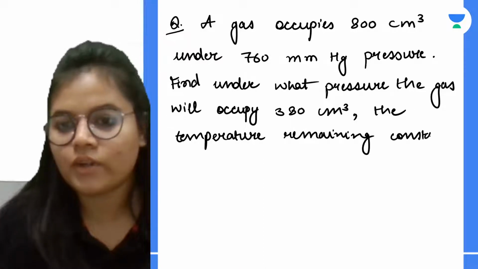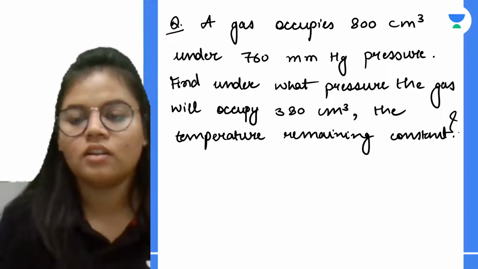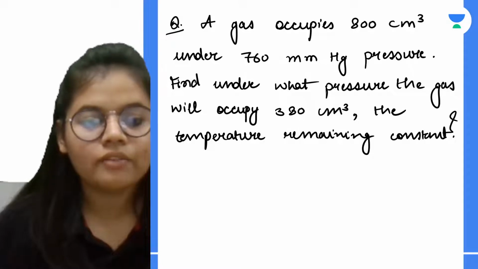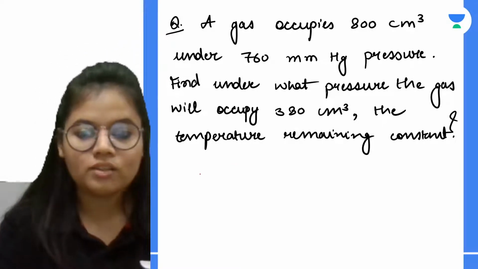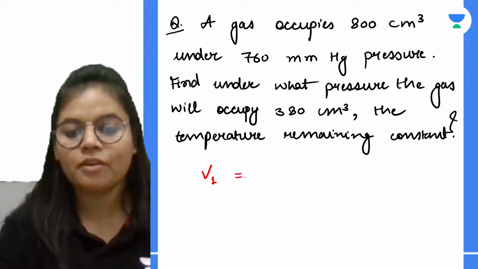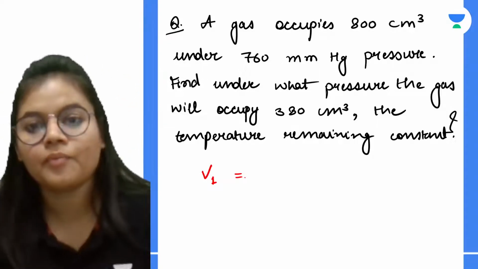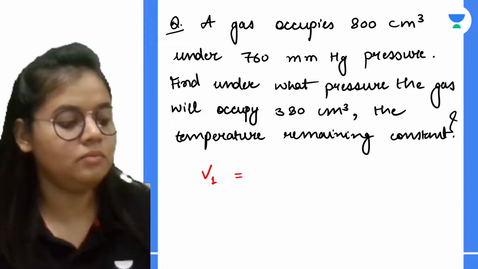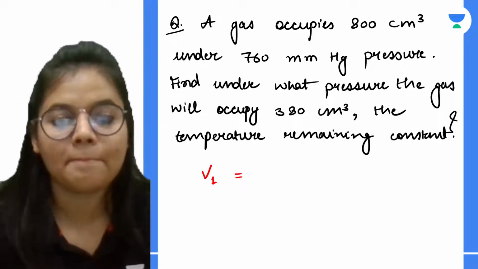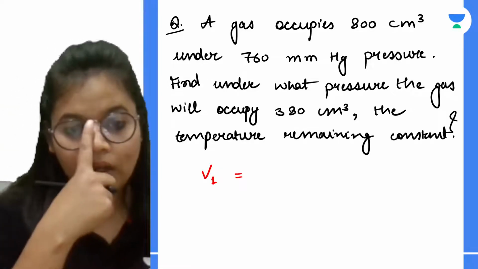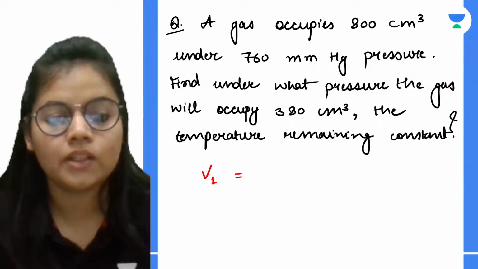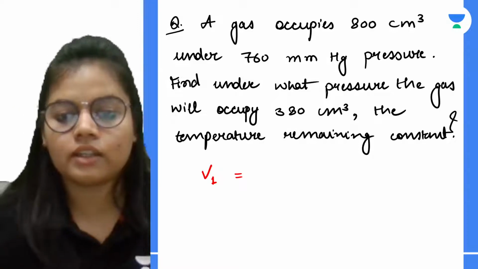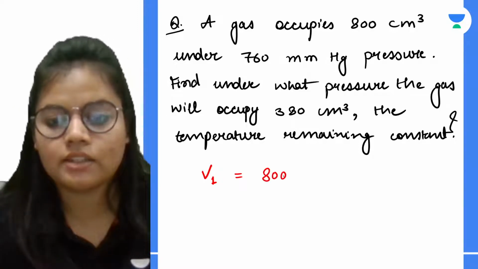So let's solve this question, guys. What are the values which are given to us? First of all, what is the volume 1 given to us? Can anyone tell me what would be V1? Correct. It is 800 centimeter cube.